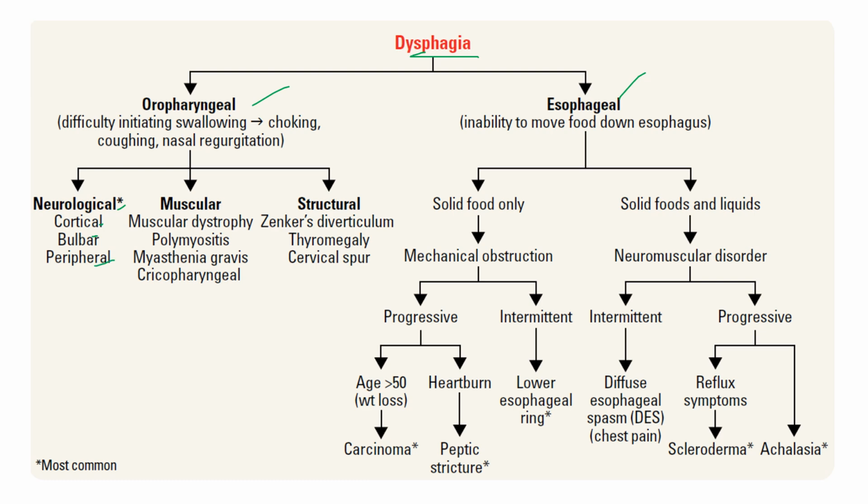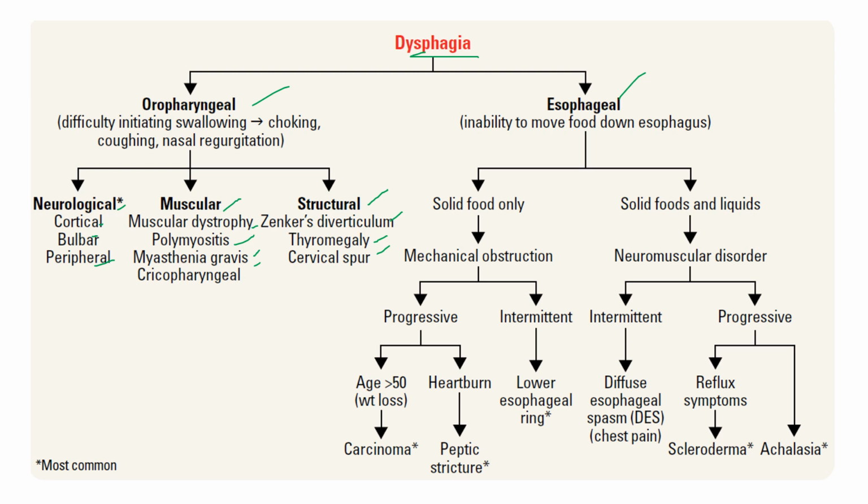Like in a post-stroke patient, if there is bulbar involvement, there can be difficulty in swallowing. Or there can be a muscular problem like muscular dystrophy, polymyositis, myasthenia gravis, or cricopharyngeal muscle weakness. Or a structural problem like Zenker diverticulum, thyromegaly, cervical spur, etc.